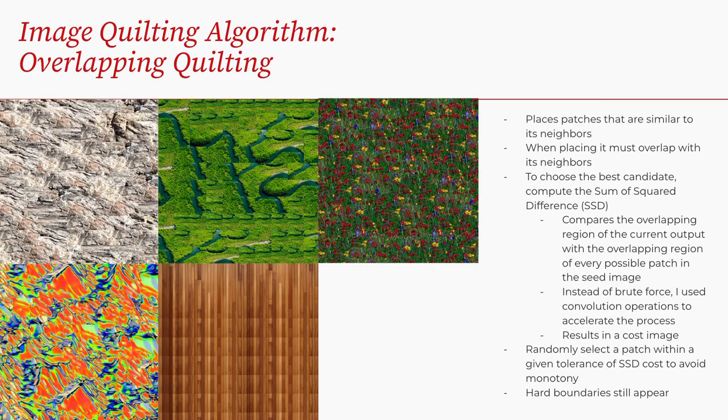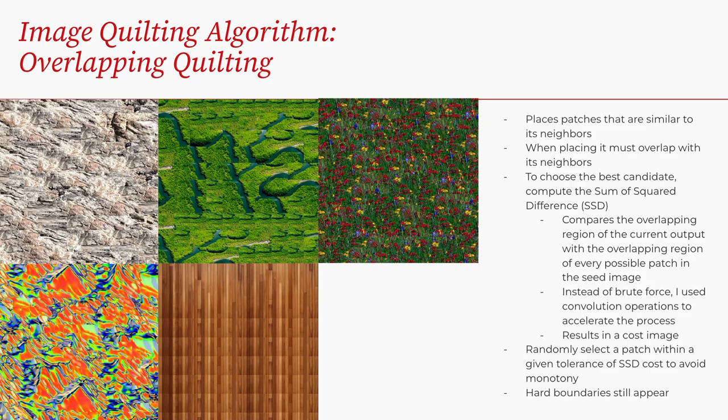The second algorithm that I implemented was the overlapping quilting, which places patches that are similar to its neighbors. Whenever you are placing a patch in the grid pattern, there's going to be a tiny bit of overlap. I found a list of best candidates by computing the SSD between the overlapping region of the current output and the overlapping part of every possible patch in the seed image.